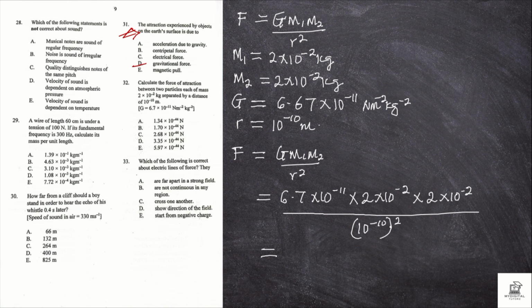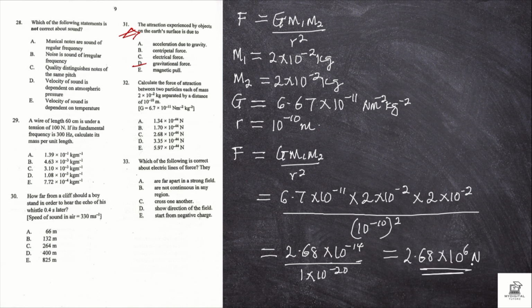When you press your calculator, you multiply the whole numerator, and you should have 2.68 times 10 raised to the power minus 14, all over 10 raised to the power minus 10 squared, which gives 1 times 10 raised to the power minus 20. When you divide the numerator by the denominator, you should have 2.68 times 10 raised to the power 6 Newton. Are we together? This is how to tackle this type of question.